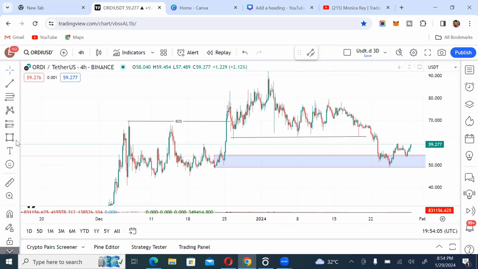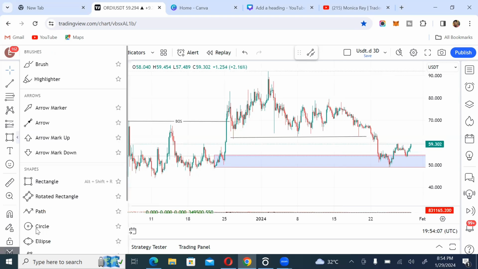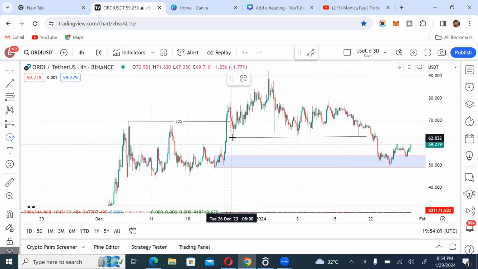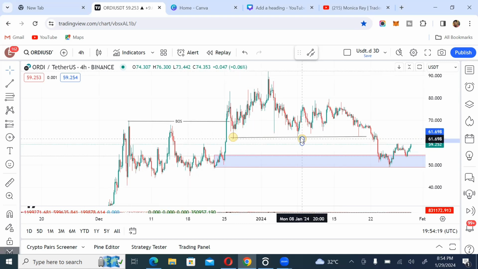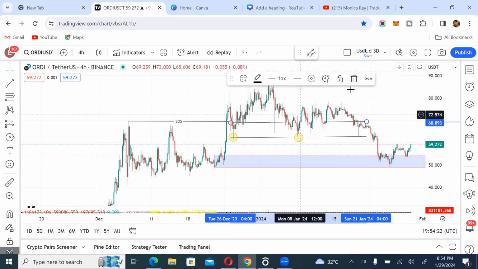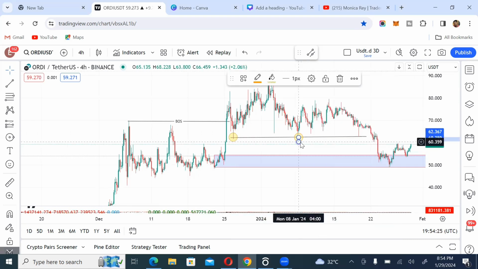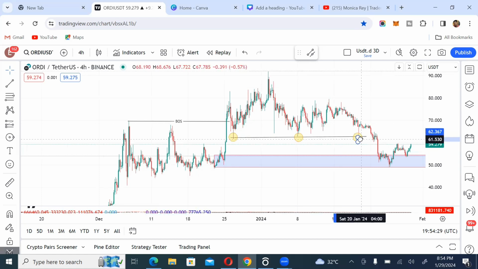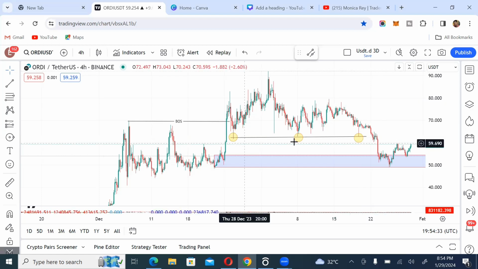All of these points here, all of these areas here, these are what we call inducements. Now, inducement in the market creates liquidity.